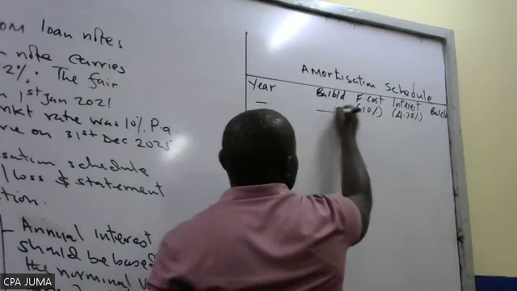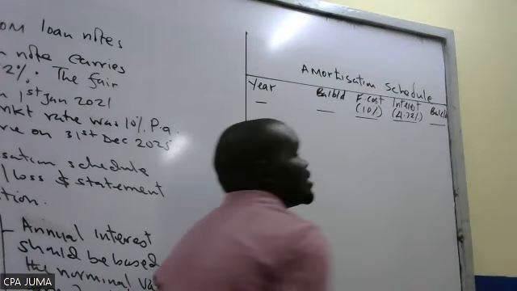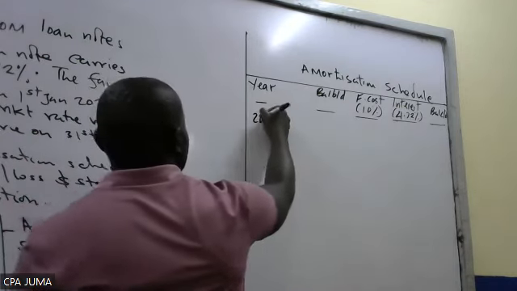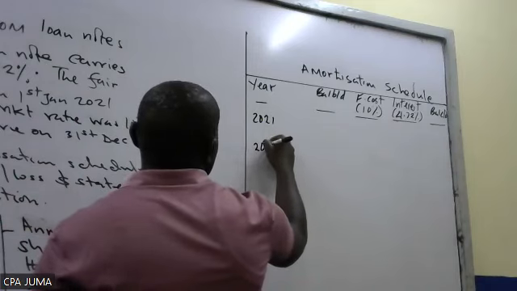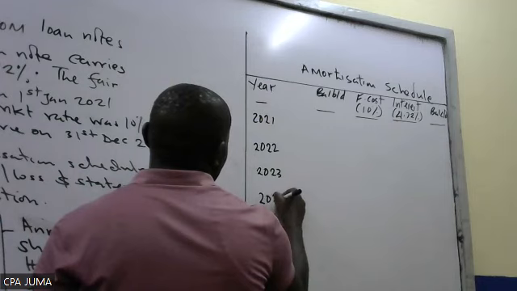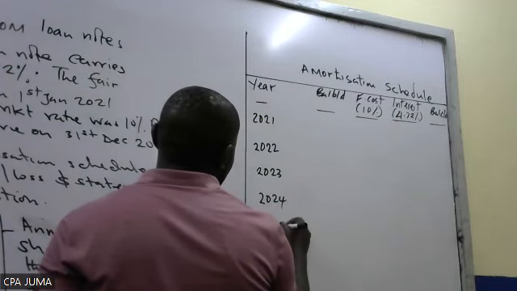Have that arrangement. Here it started in 2021, so we have 2021, 2022, 2023, 2024, 2025.